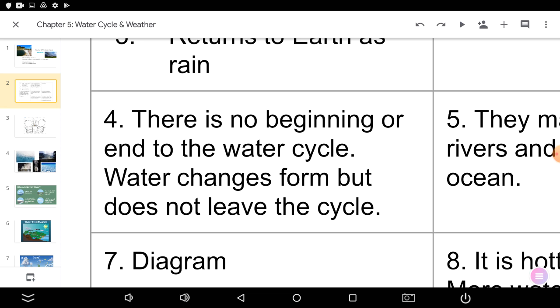Okay, so it gets into the water cycle. It can run off into rivers. Okay, it could run off into rivers, which all flow into oceans. Could it? That's what the book says, they may be carried by rivers and streams into the ocean.